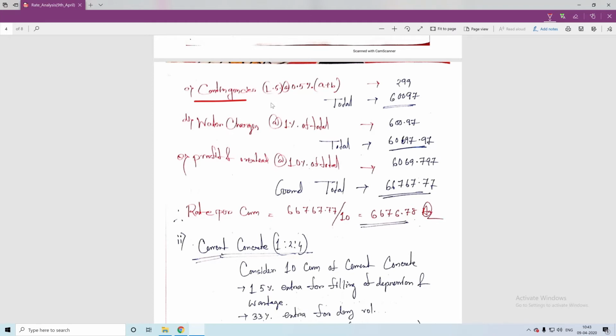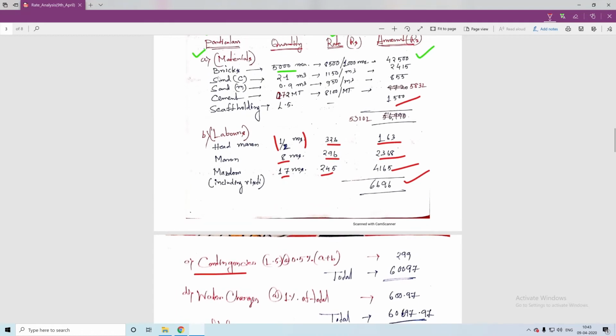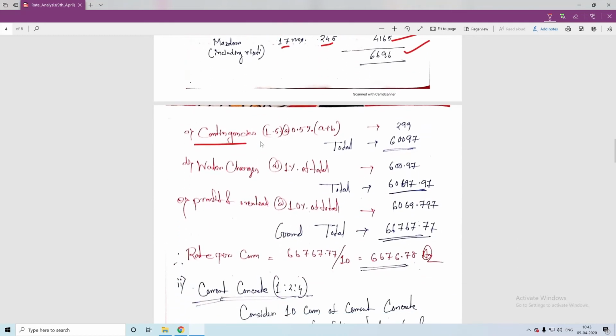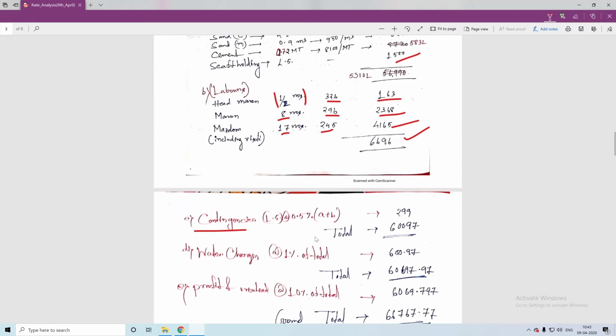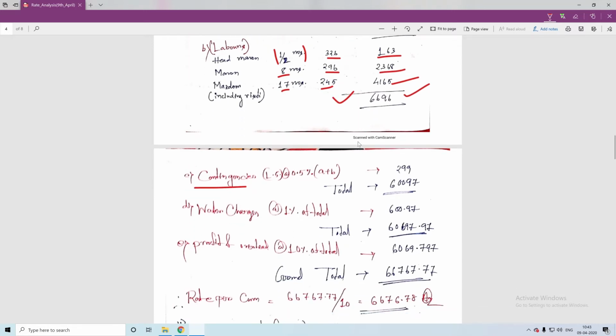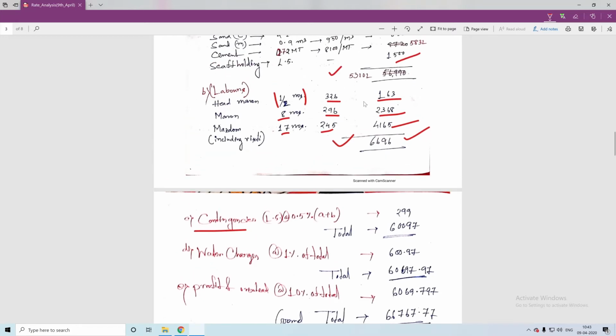So that's why we increase our total charges, that means the materials plus labors, by at least half a percent. So how do you calculate this value? Very simple. You just add 53,102 plus 6696, and you take the half percent of this A plus B. I am showing this very simple one.